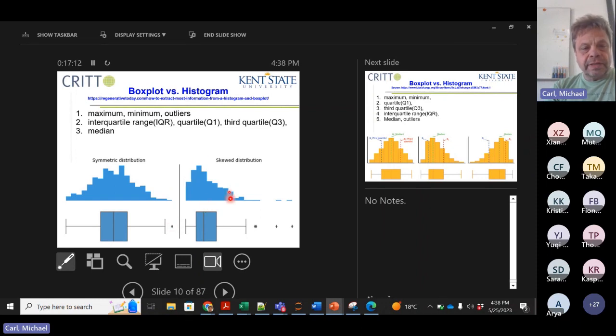Or if we have a skewed data set like this one here, we can see this also in the box plot. So the median would be around here, okay? And then for the skewed data set, we would have a longer whisker on that side, and then we have a couple of outliers here. Okay, so it represents the same.